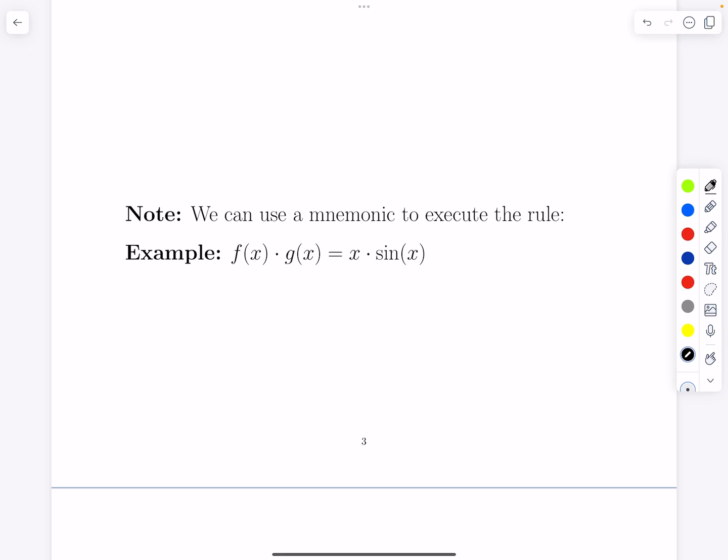So we can use a mnemonic to execute the rule. Here f times g is x times sine x. This is an example, and we want to find the derivative.